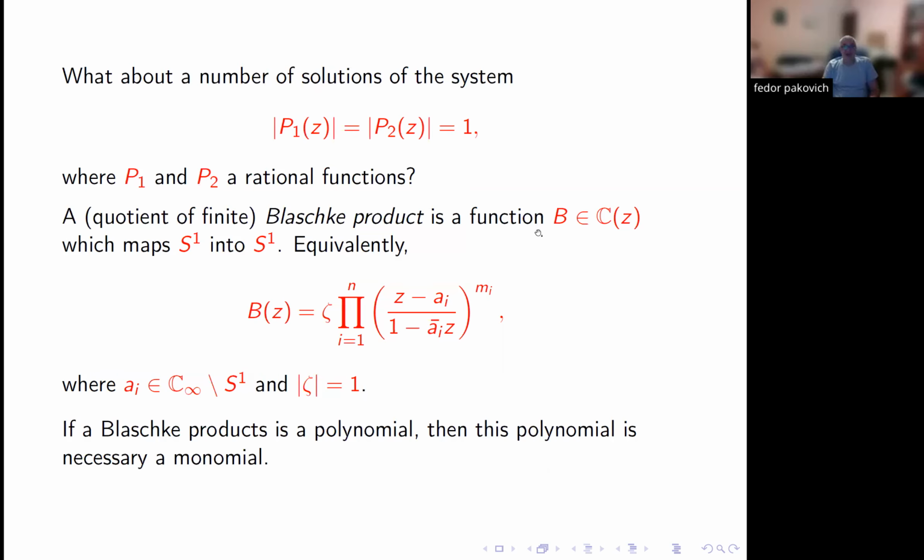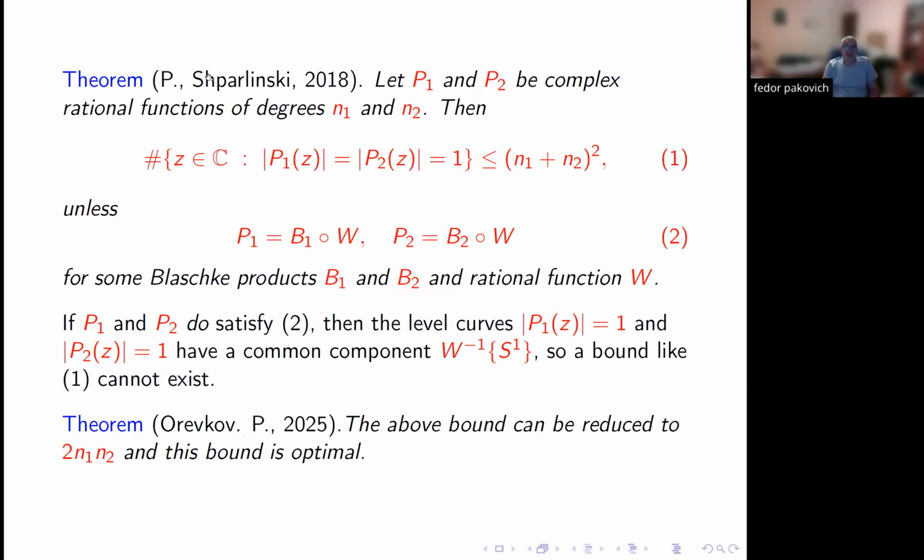It's just a rational function B which maps circle to circle. Equivalently, we can write it in some specific way. If it is a polynomial, then it is necessarily a monomial. That gives you a hint why the previous result contained monomials.